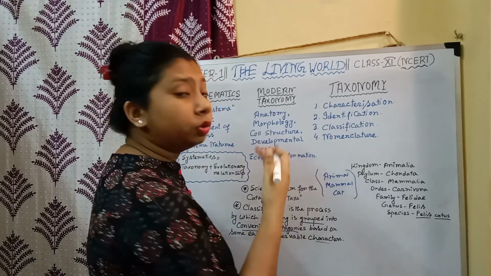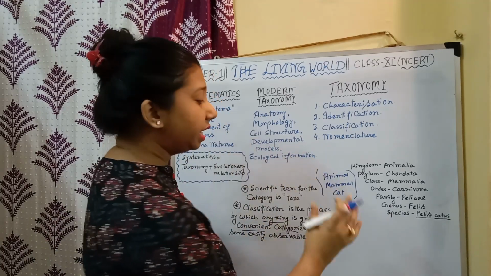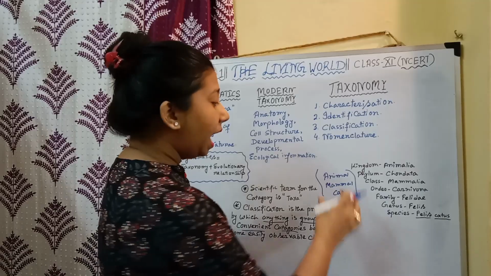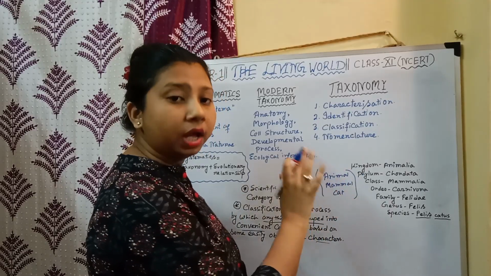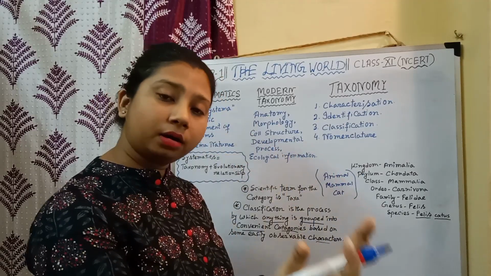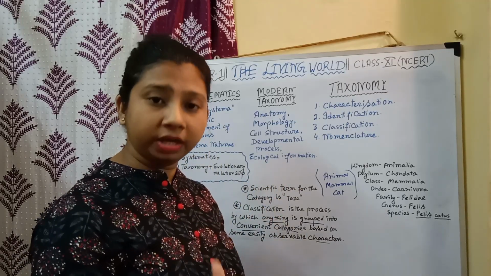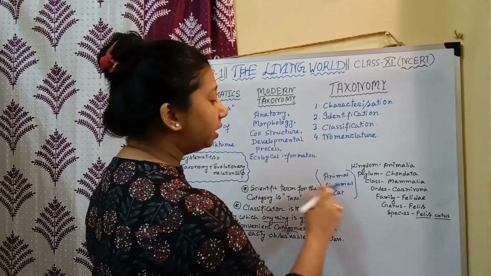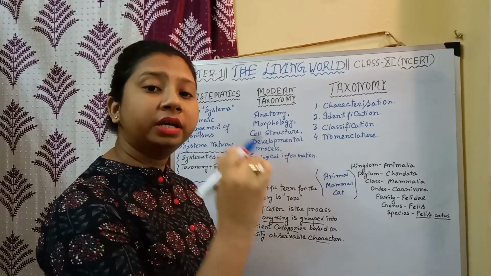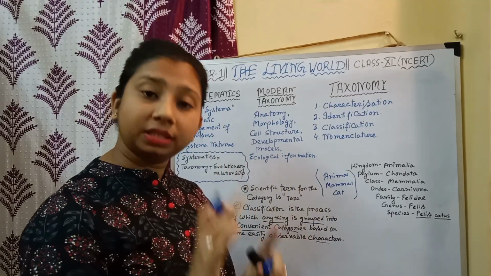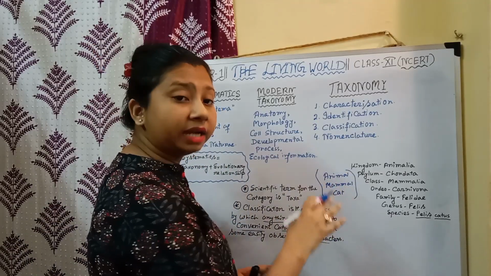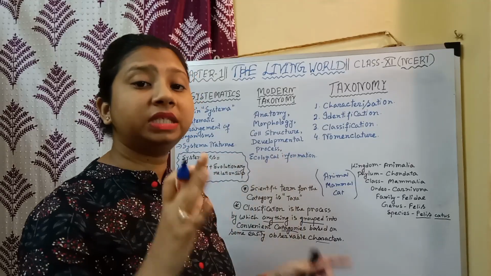That means we are placing the cat into various categories. Animal is a category. We can place the cat into our animal category because the cat is definitely an animal. Similarly, we can place the cat into the mammal category because the cat is a mammal, and we can place the cat into the cat category, that means the species cat itself.